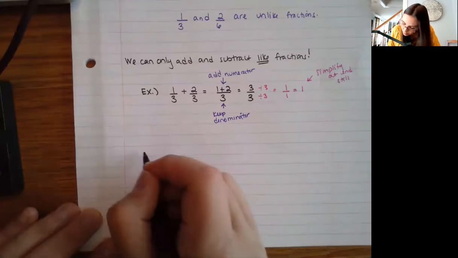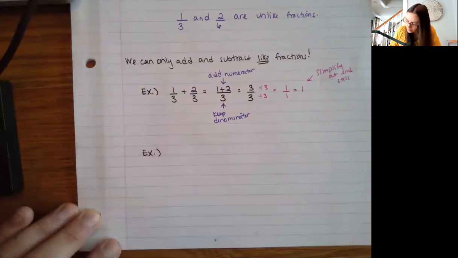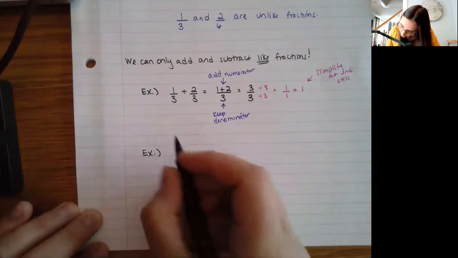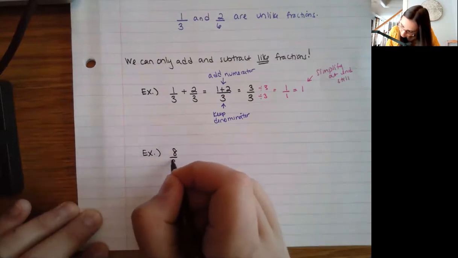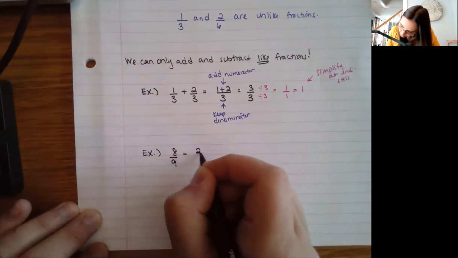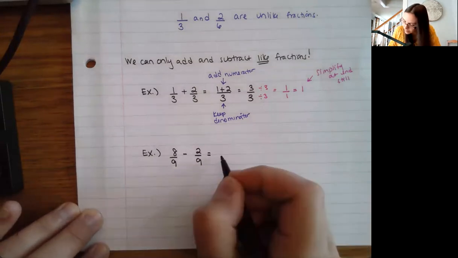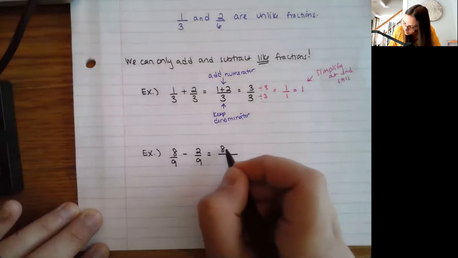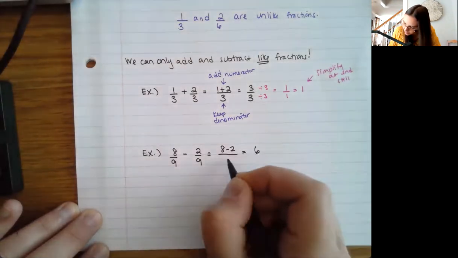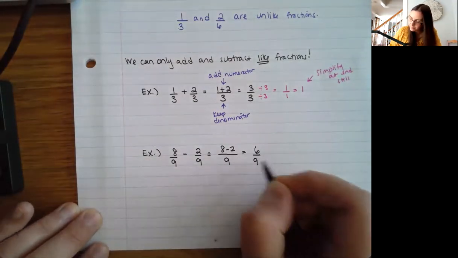So for example, let's say I have something like 8/9, and I want to subtract 2/9. Well, these are the same. They both have 9. So I just subtract my numerators, which is 6, and I keep my denominator the same.